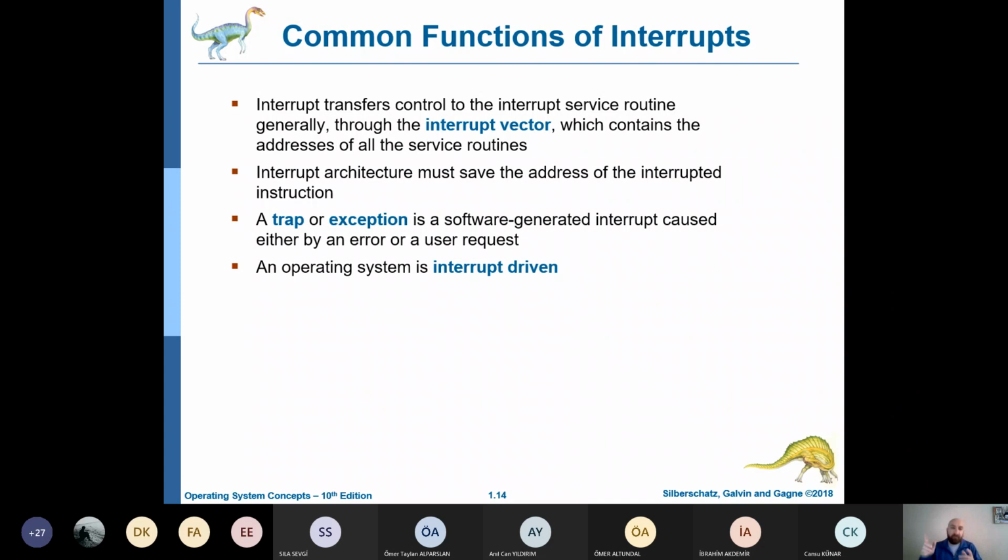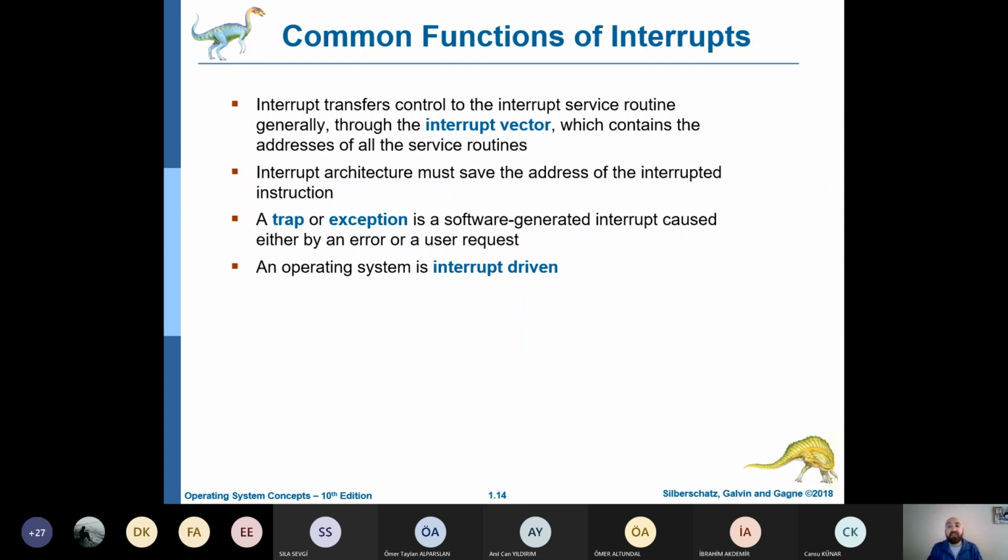Because we have a connected system bus, we have connected devices, so hardware devices use that system bus to trigger an interrupt to the CPU. Also, interrupts are used for many other purposes, and they are a key part of how operating systems and hardware interact. Interrupts are an important part of computer architecture.